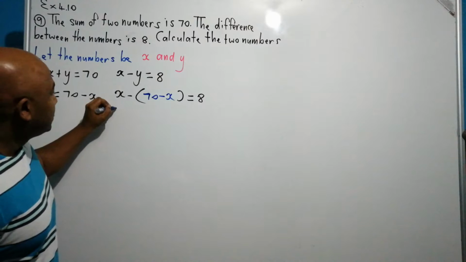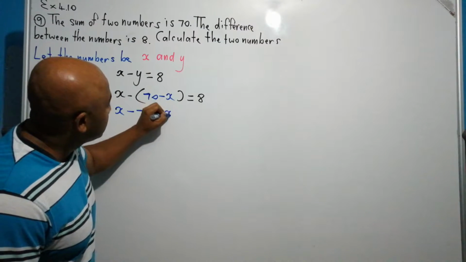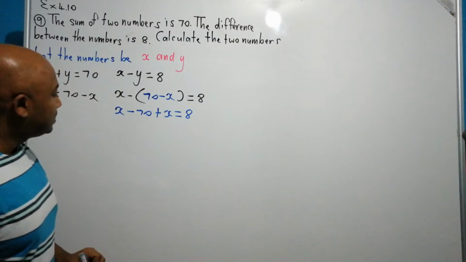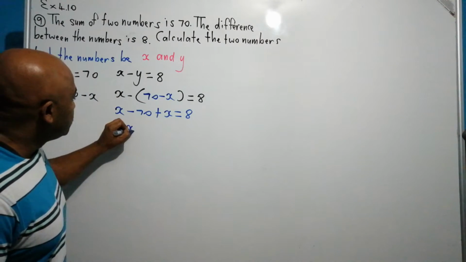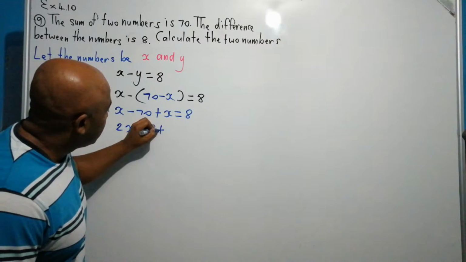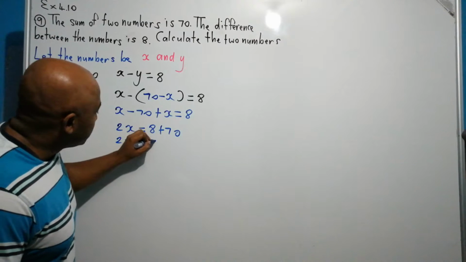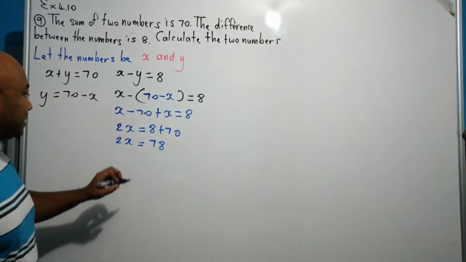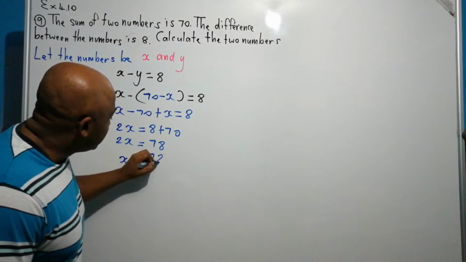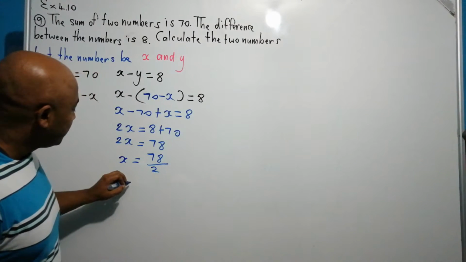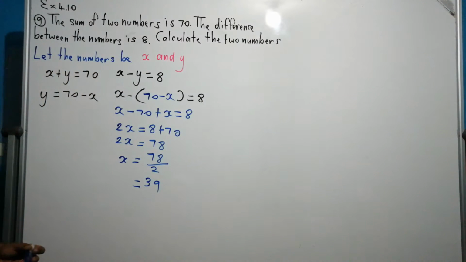Remove the brackets, so I got x minus 70 plus x is equal to 8. So therefore x plus x, that will give me 2x is equal to 8 plus 70. So 2x is equal to 78. So therefore x is equal to 78 divided by 2, which is equal to 39.